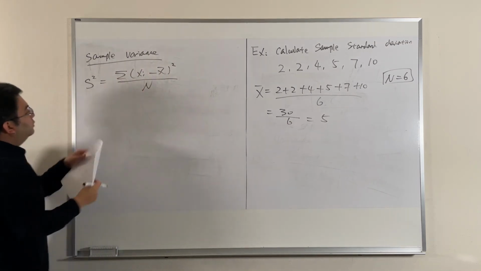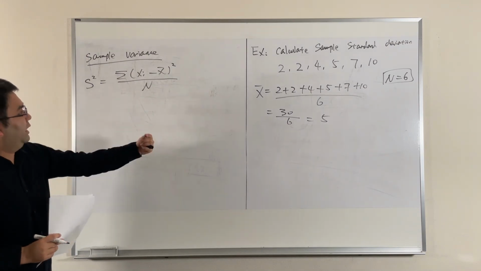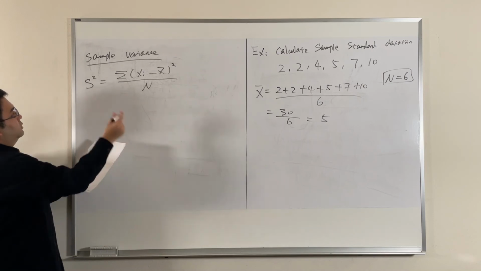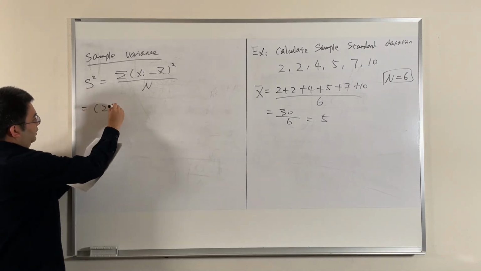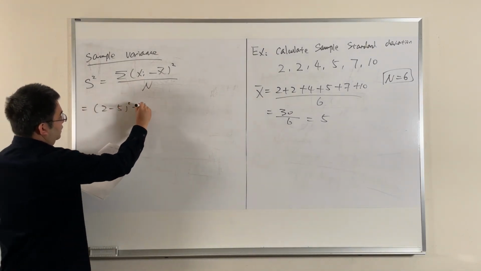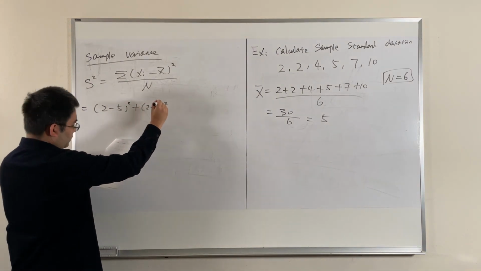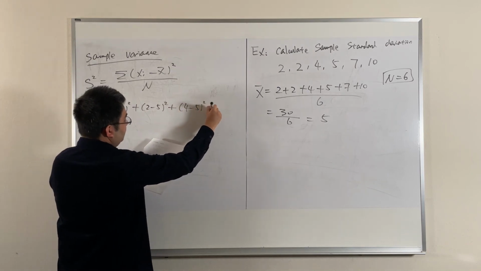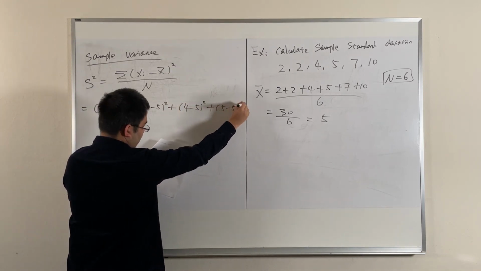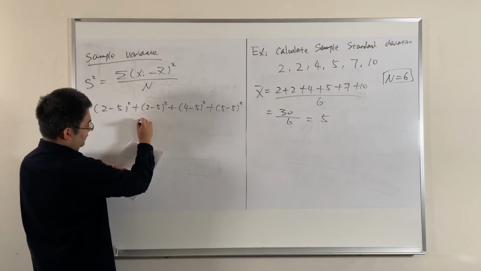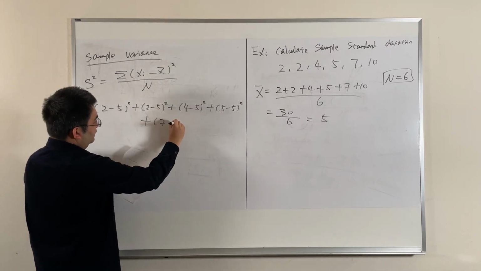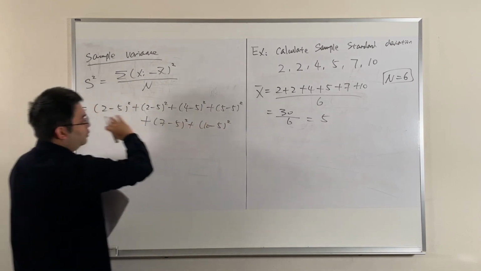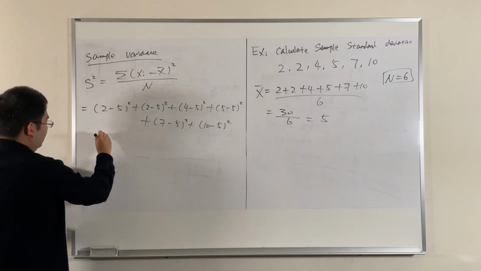The summation means we use each data point to subtract the sample mean, and then we sum them. So that's 2 minus 5 squared plus 2 minus 5 squared plus 4 minus 5 squared plus 5 minus 5 squared plus 7 minus 5 squared plus 10 minus 5 squared. Then we sum up everything and divide by n.